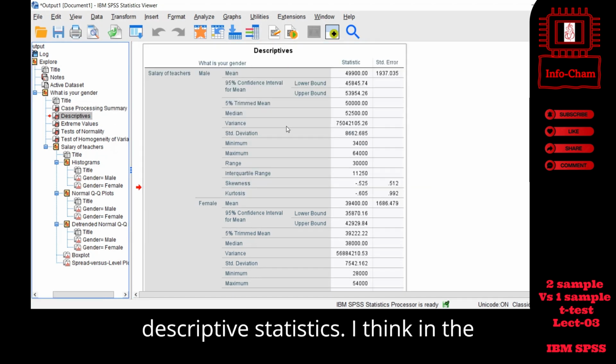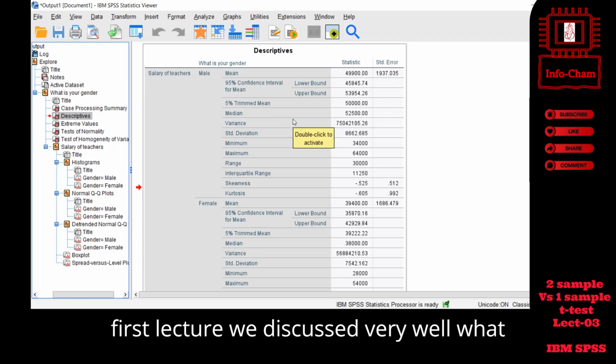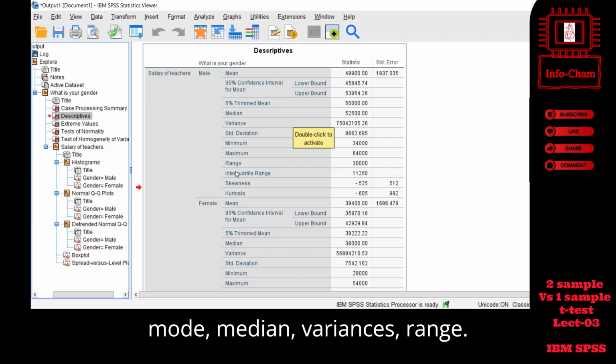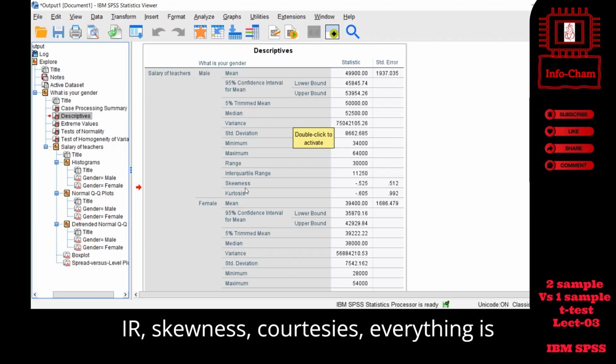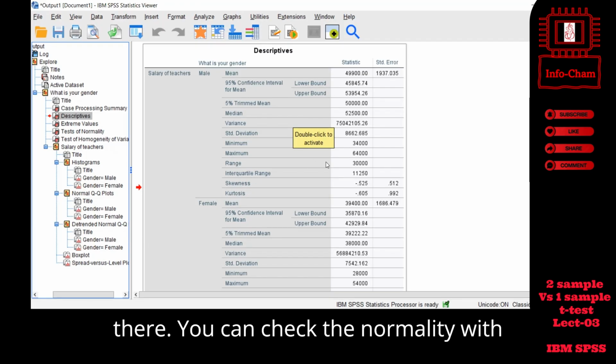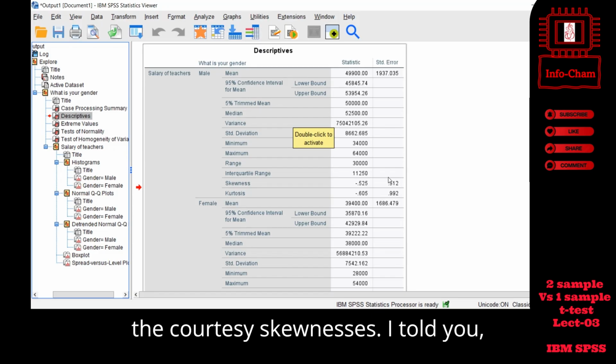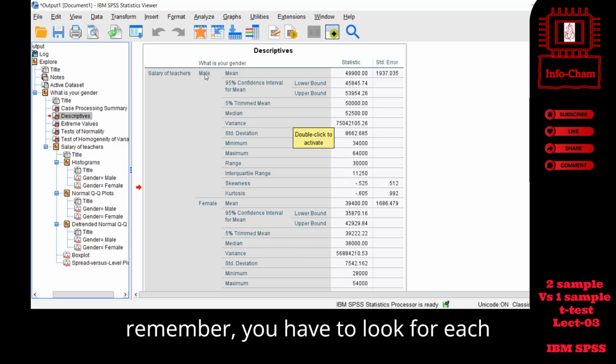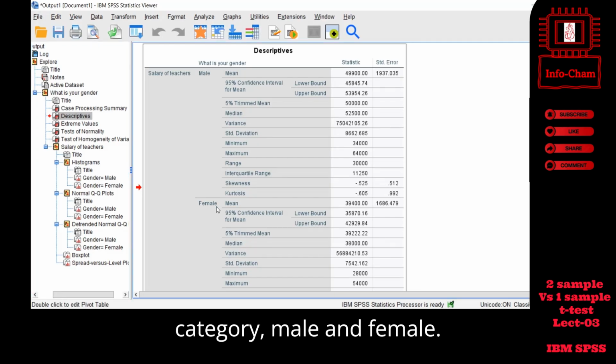Now this is the descriptive statistics. In the first lecture we discussed very well what the descriptive statistics are: mean, mode, median, variance, range, IQR, skewness, kurtosis, everything is there. You can check the normality with the kurtosis and skewness, I told you, do you remember? Please remember, you have to look at each category, male and female.